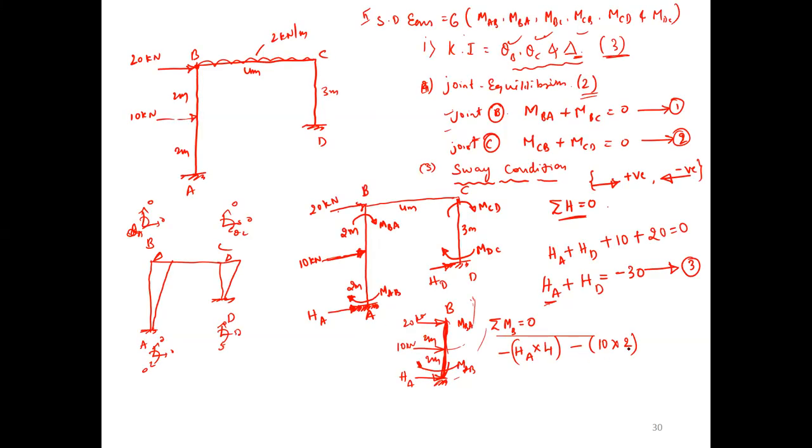Plus MAB plus MBA directly, because clockwise, equals 0. Now, what HA are you getting? MAB plus MBA minus 20 equals 4 HA. So HA equals MAB plus MBA minus 20, divided by 4.